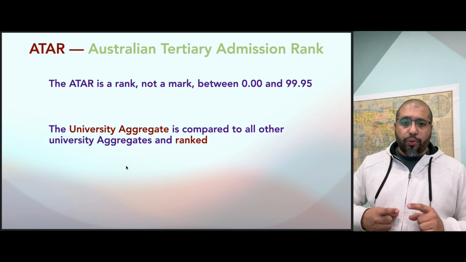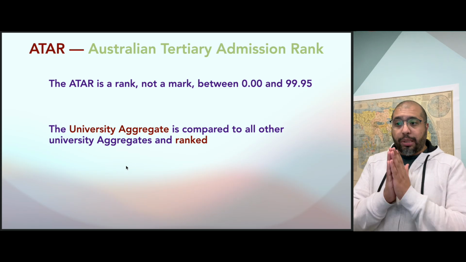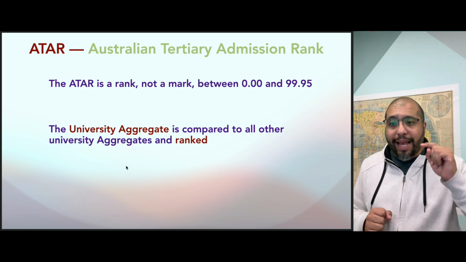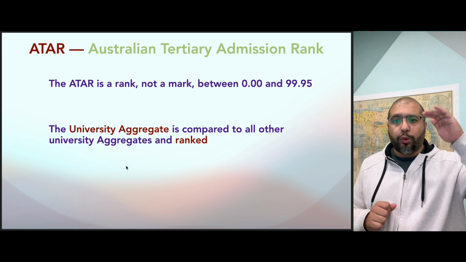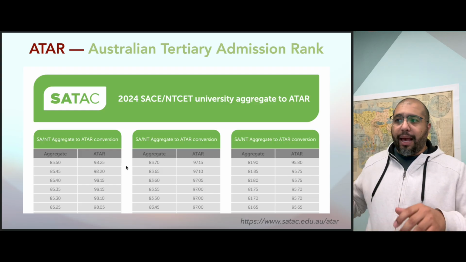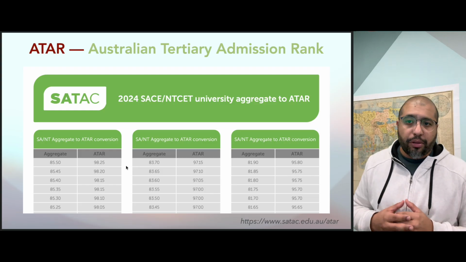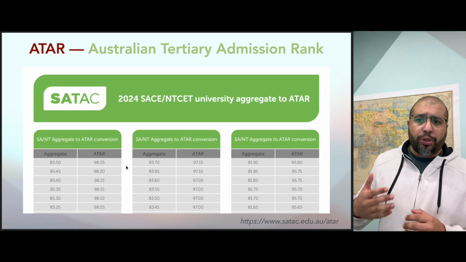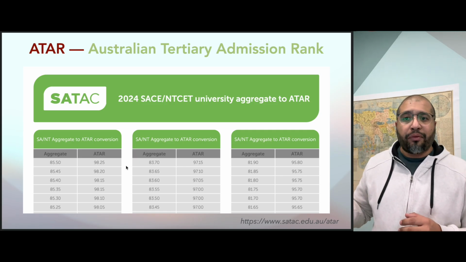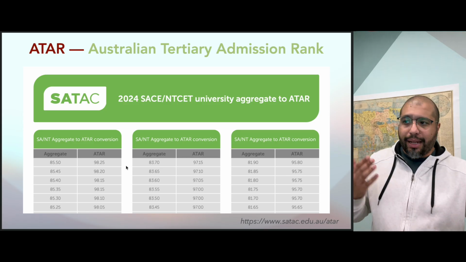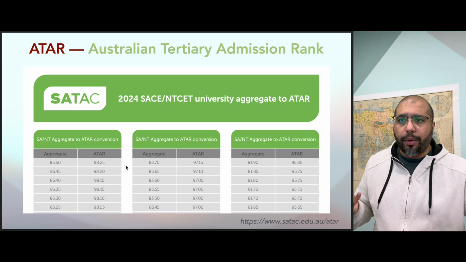After calculating the University Aggregate for each student, SATAC compares them by ranking them from highest to lowest, and that rank is the ATAR. And each year, SATAC publishes the rankings. So in 2024, for example, students who got a University Aggregate of 85.5, their rank or ATAR was 98.25.